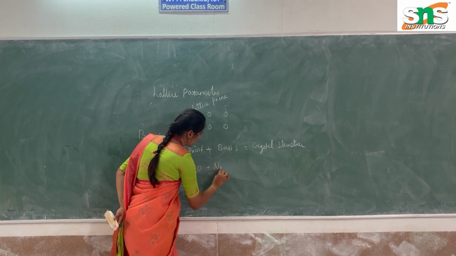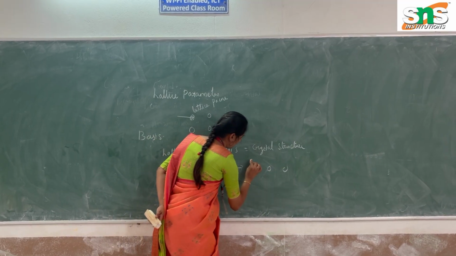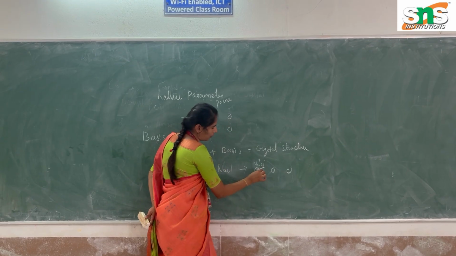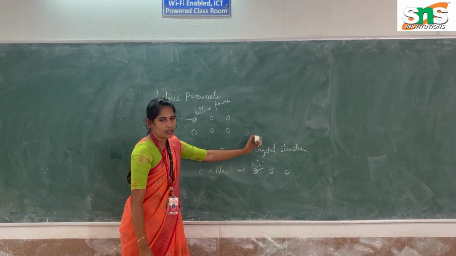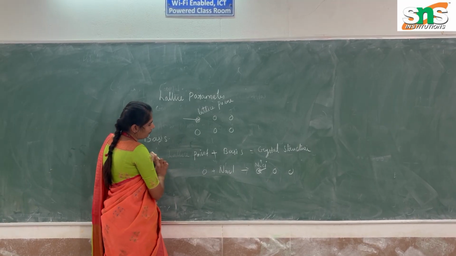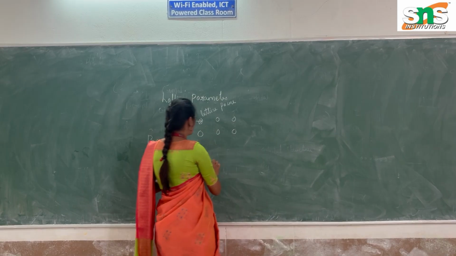For example, in NaCl, these molecules are arranged in lattice points. Na plus ion and Cl minus ion occupy the lattice points. This is formed as a crystal structure. Lattice point plus basis forms the crystal structure.